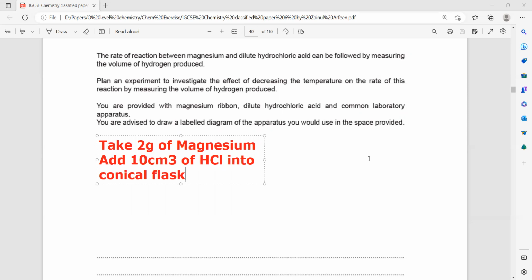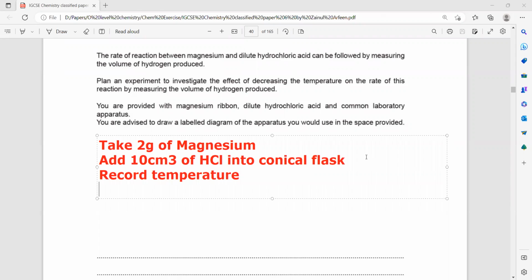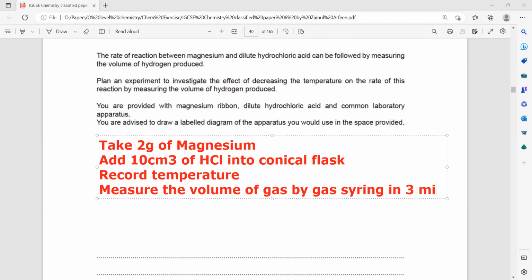Then we connect the gas syringe, record the temperature first, then measure the volume of the gas by gas syringe in 3 minutes, and then we'll repeat with a different temperature.